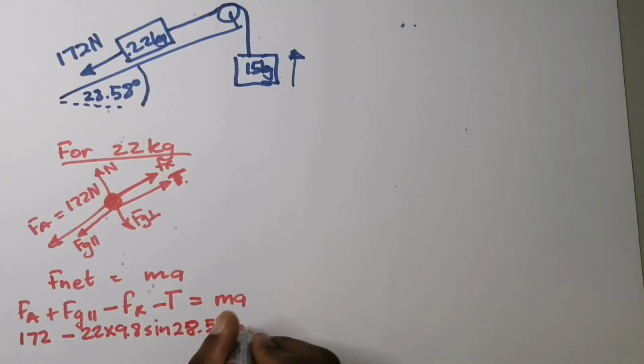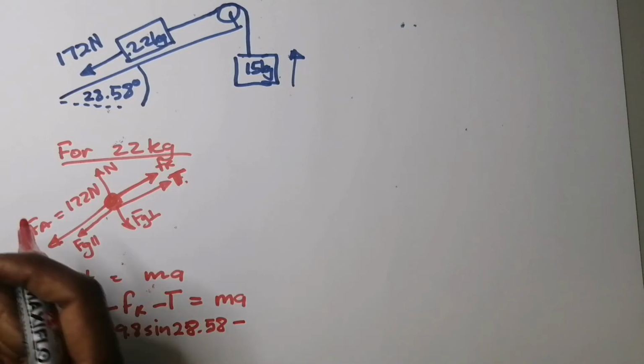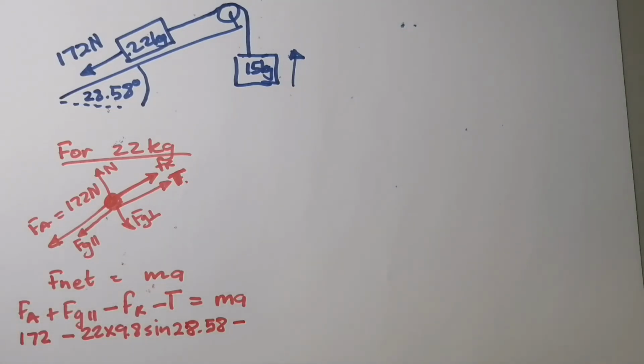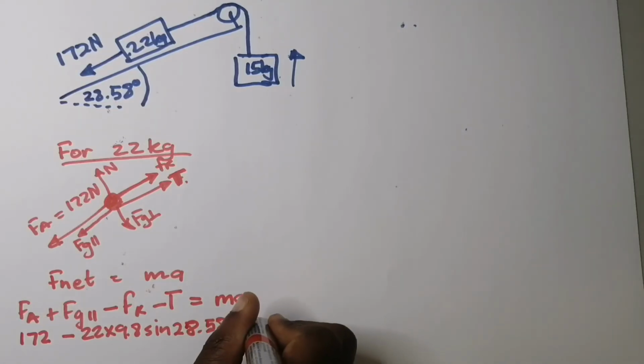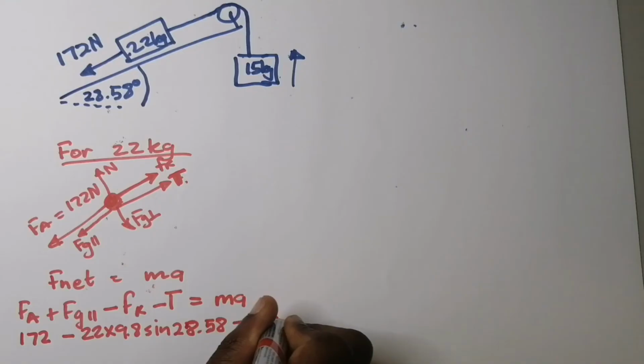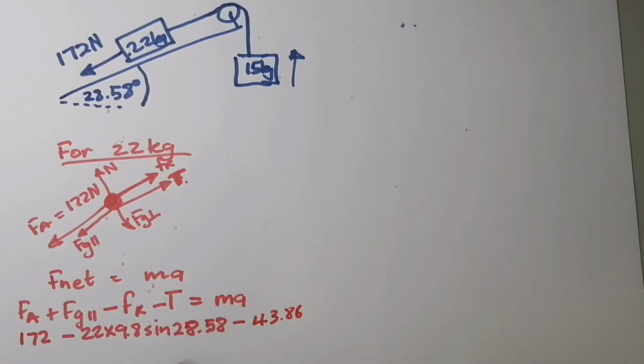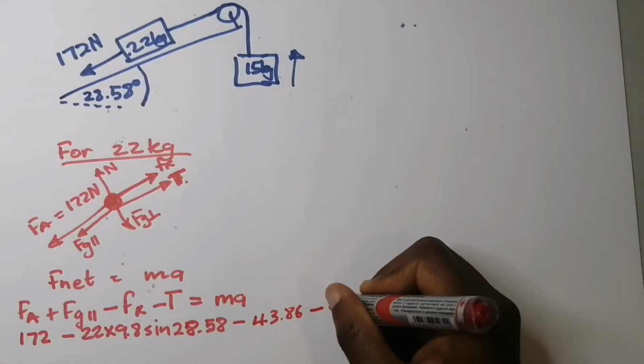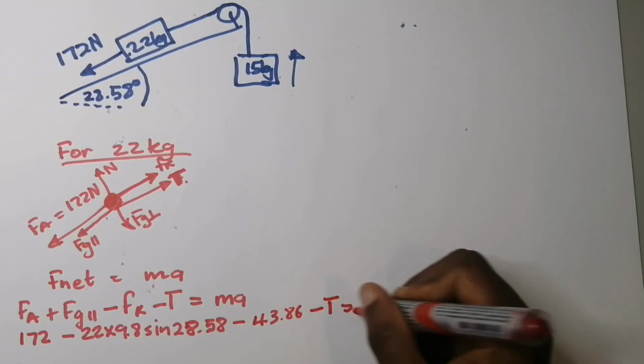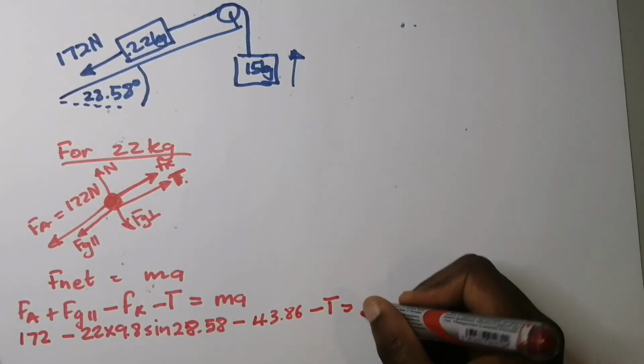Okay, minus, remember they did indicate to us that our friction remains the same, and our frictional force value was given as 43.86. So that's minus 43.86, okay, minus that tension is equal to, what's the mass? It's 22A.